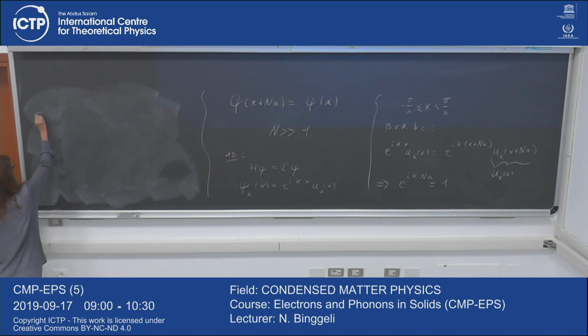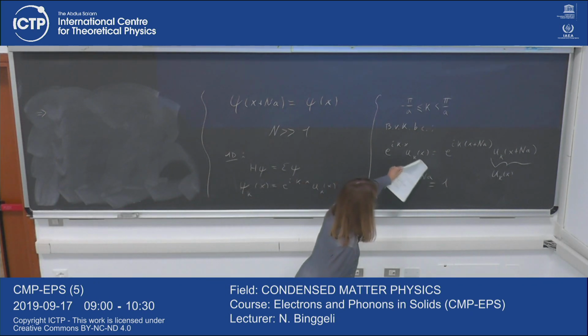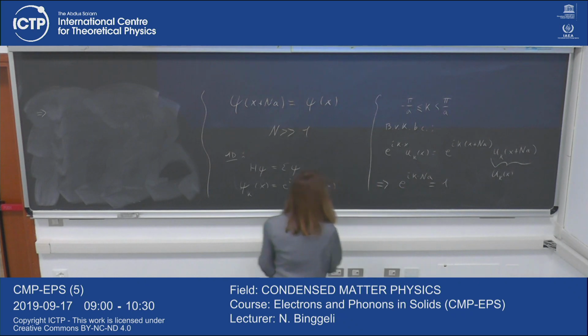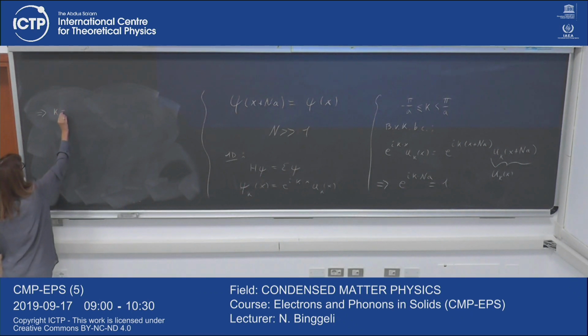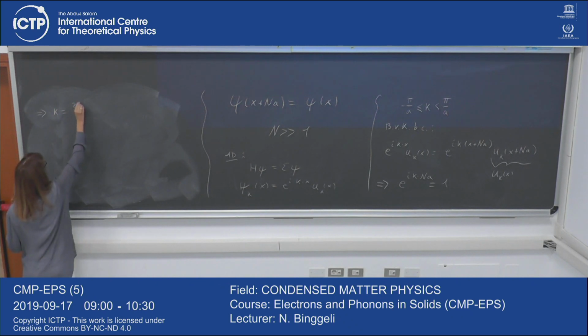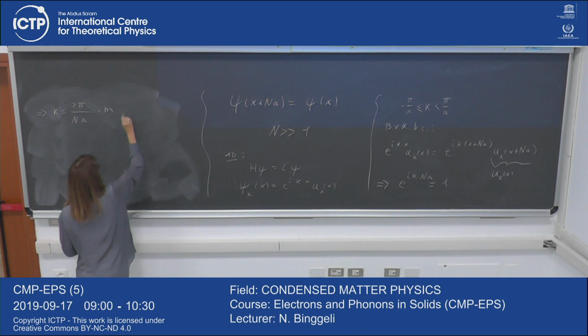So the k that I'm going to obtain from this has to be 2π times an integer. So I have that k must be equal to 2π/(na) times m, where m is an integer.